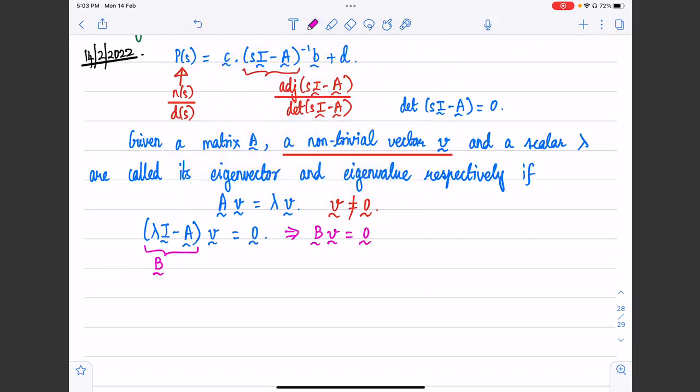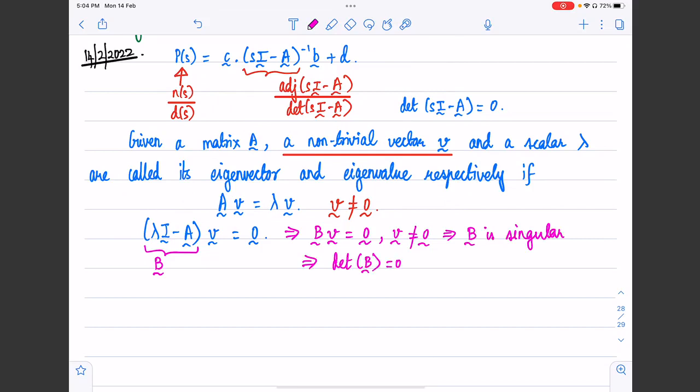From linear algebra, when v is not 0, the only conclusion we can draw is that the matrix B is singular. So when matrix B is singular, its determinant becomes equal to 0.